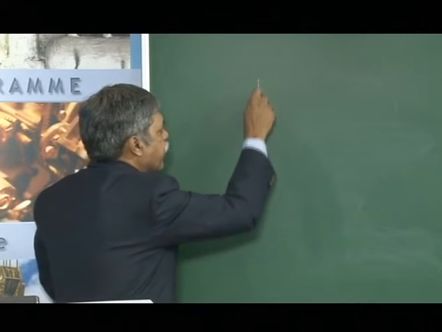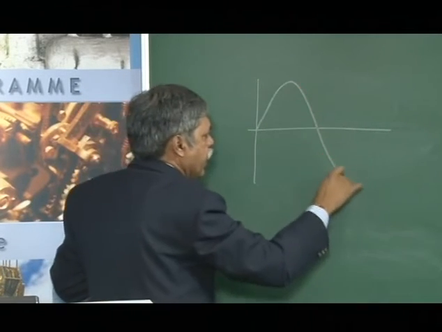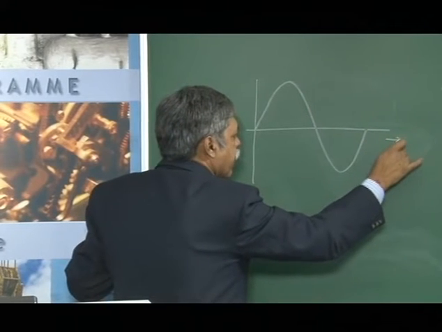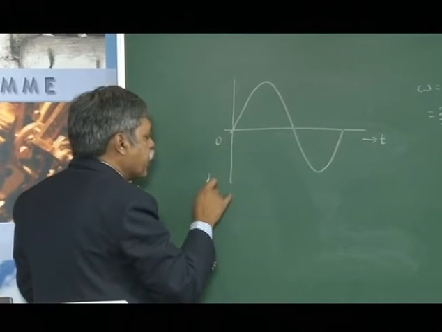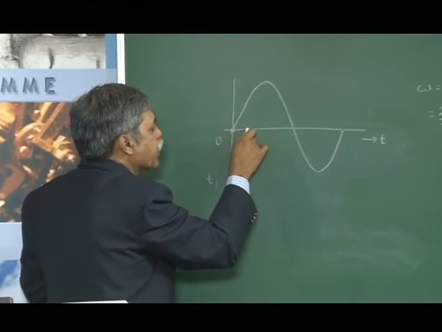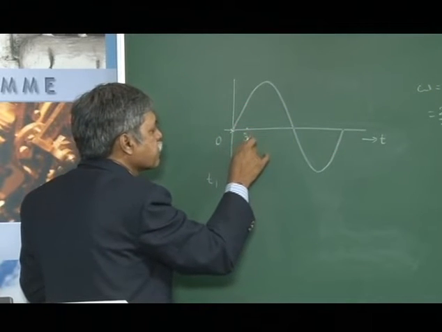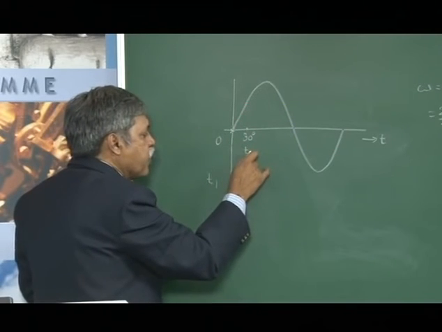So I will just repeat that. I have my sinusoidal alternating quantity like this, my reference is the origin. Within a time of t1 seconds, the coil in the magnetic field is moved by 30 degrees. That means it took a time of t1 seconds.